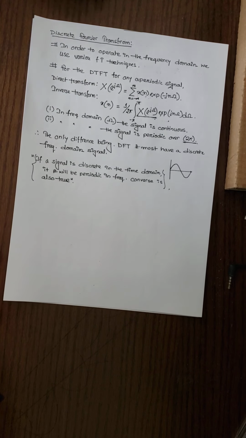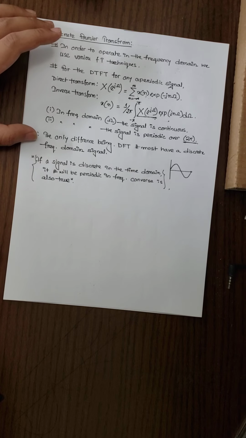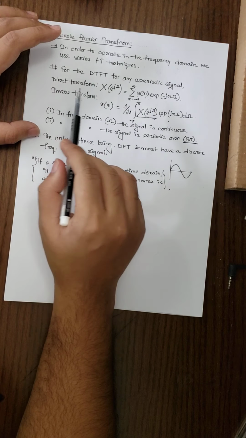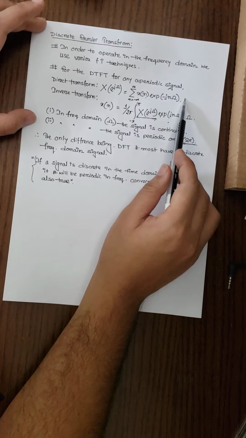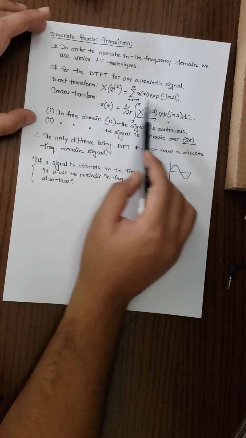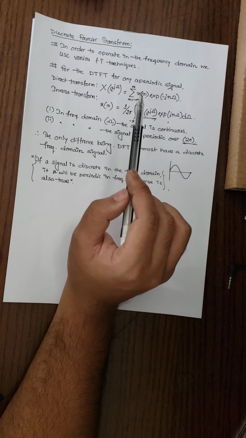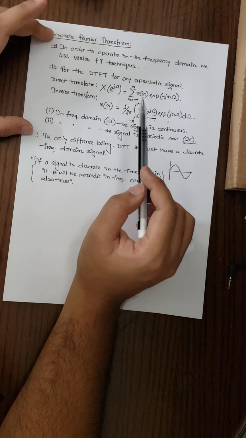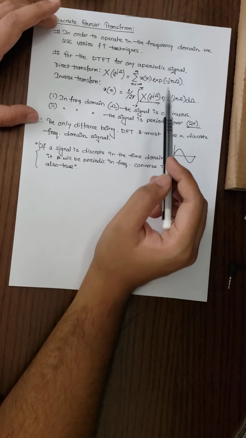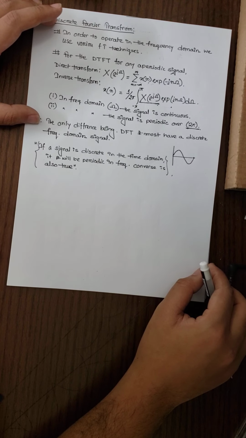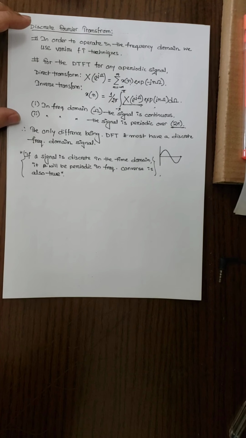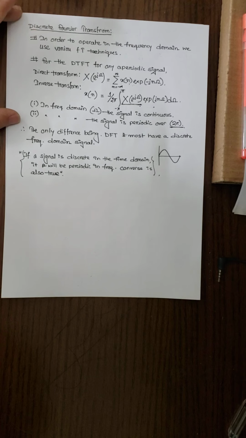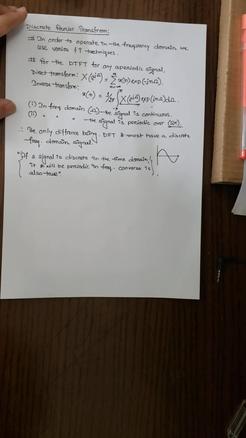Now, moving on, how do we realize the equation for the discrete Fourier transform, that is the direct transform or the inverse transform? It is very much similar to that of the discrete time Fourier transform, and will be much easier if you have a clear grasp of the discrete time Fourier transform.